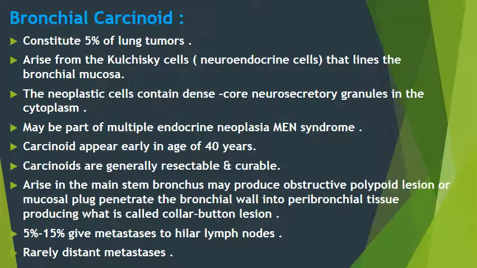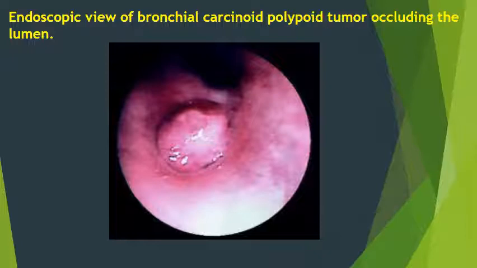Collar button. This is the gross appearance, resembling a shirt button. This is the endoscopy view of a bronchial carcinoid polypoid lesion, like a polyp, occluding the lumen.